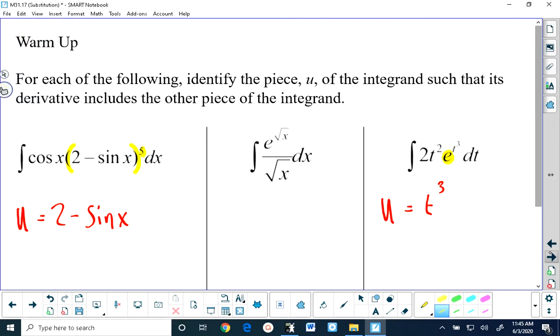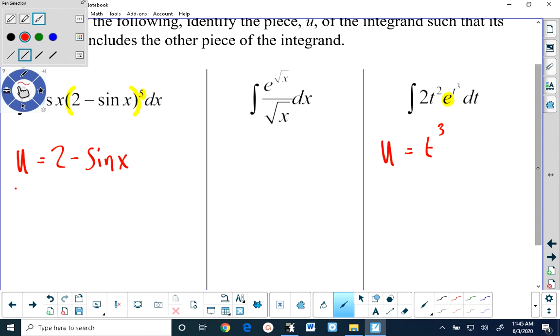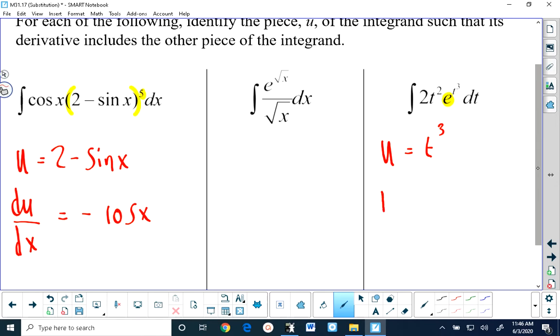Now, before I talk about number 2, I want to take this a little bit further. If I were to differentiate in the first situation, find the derivative with respect to x, I would get negative cosine of x. And if I were to differentiate here the derivative with respect to t, I would get 3t squared.